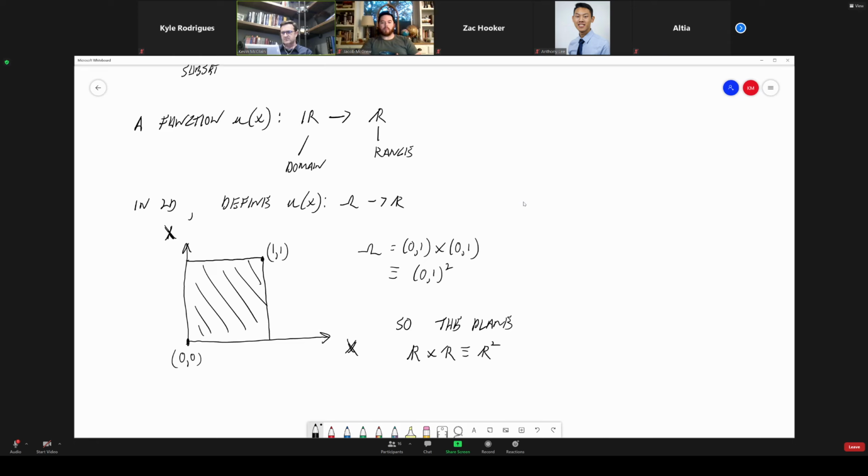We went over a lot of stuff with vectors. Have you guys heard about Hilbert spaces?